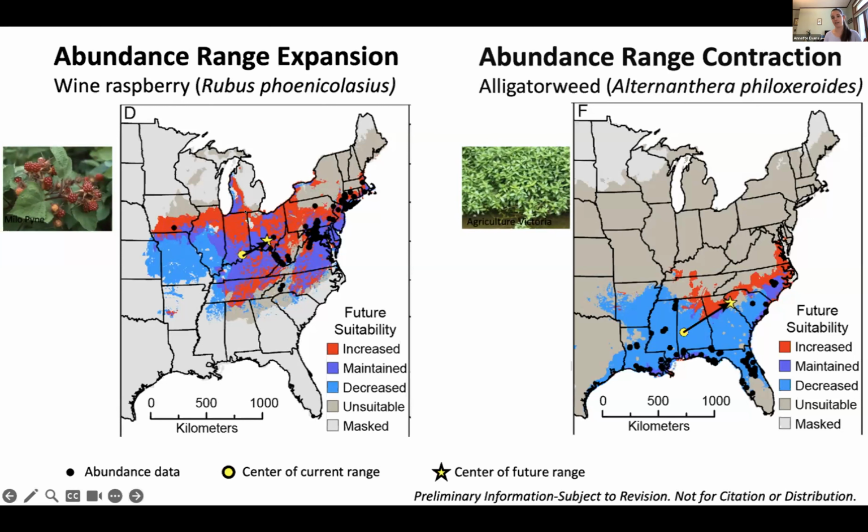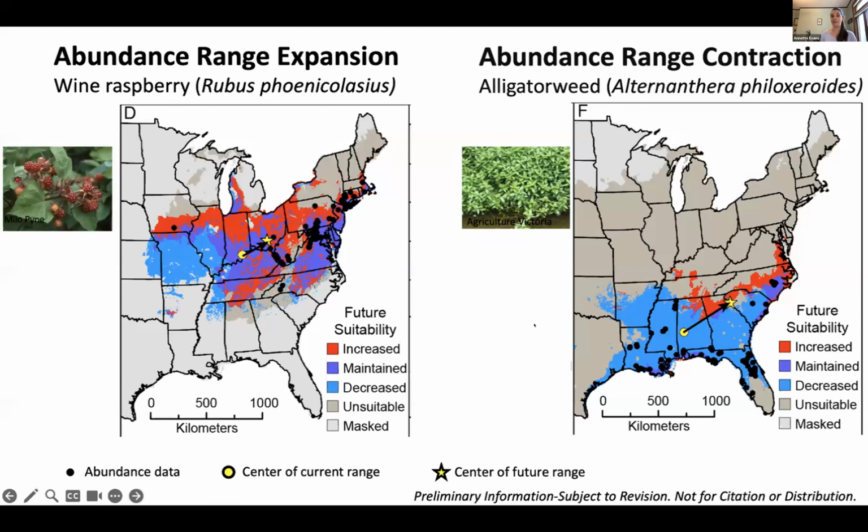So the red areas currently are not suitable, but are predicted to become suitable for abundant populations with climate change. And then also a large area of their current range, shown in purple, is likely to still be suitable for these abundant populations in the future. And so it's these sort of red and purple areas where management is likely to need to continue or ramp up in the future.